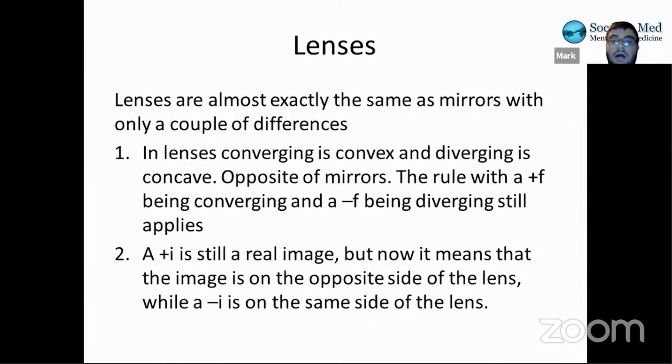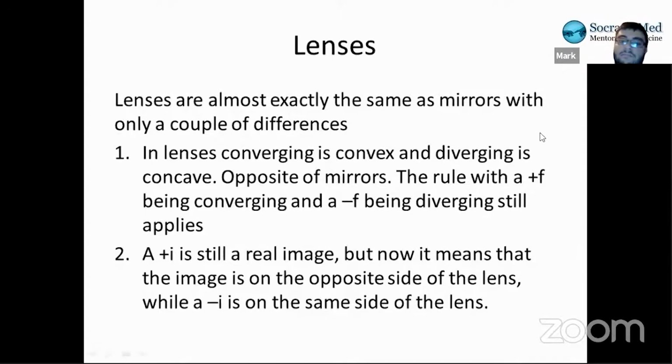But the rule with a positive f being converging and a negative f being diverging still applies. All it means is if you have a positive f for a mirror, it's concave. If you have a positive f with a lens, it's convex. But it's still converging both ways, and negative f is still diverging both ways, okay?